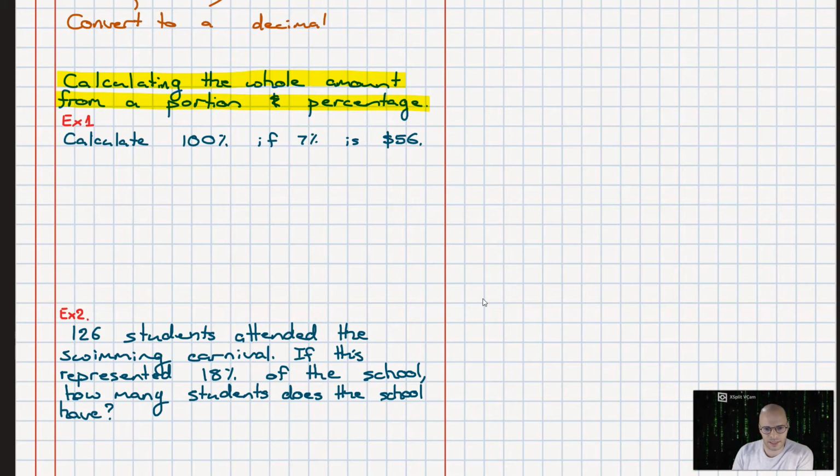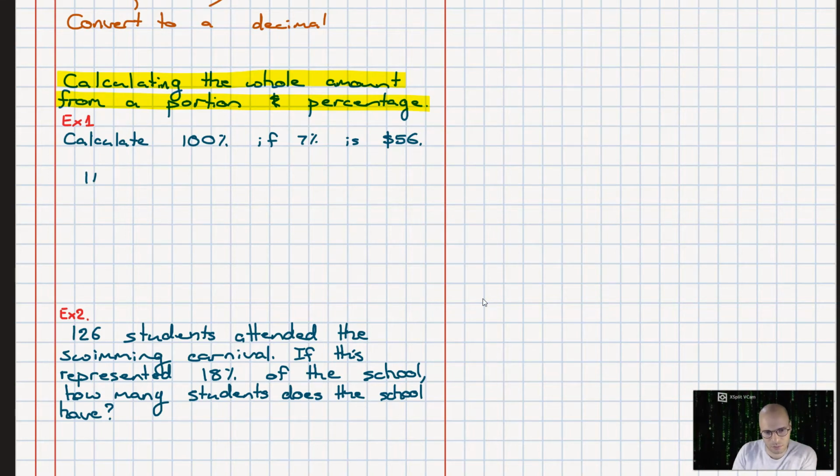We want to calculate 100% of a whole, but we're only given 7% and we're told that 7% is equal to $56. So our task here is, if 7% of a whole is $56, then what's the whole amount itself? The way in which we do this is, first we calculate what is 1%.